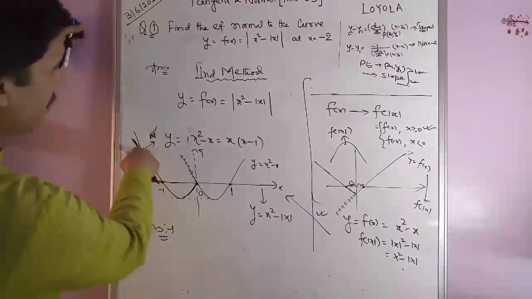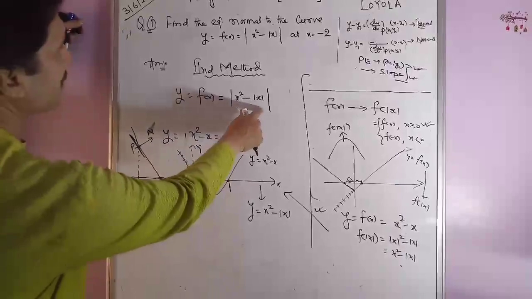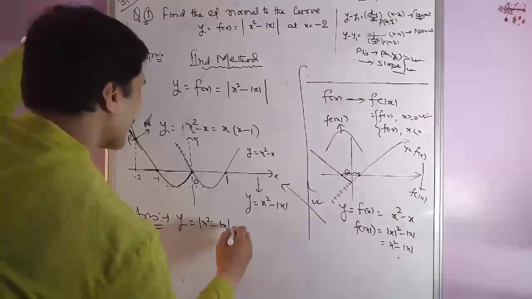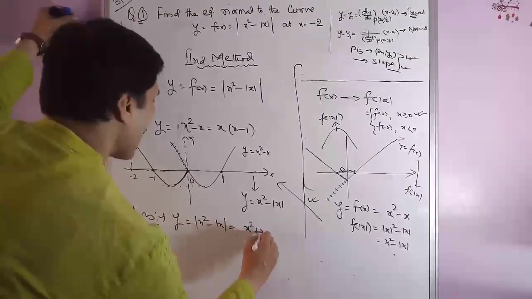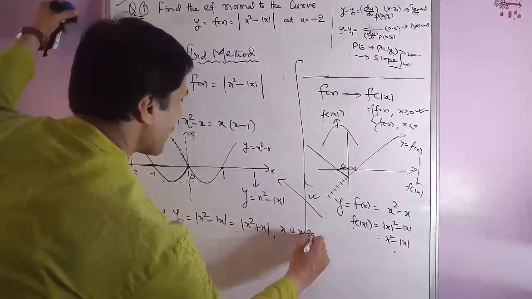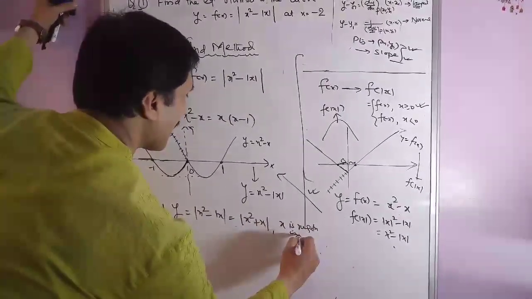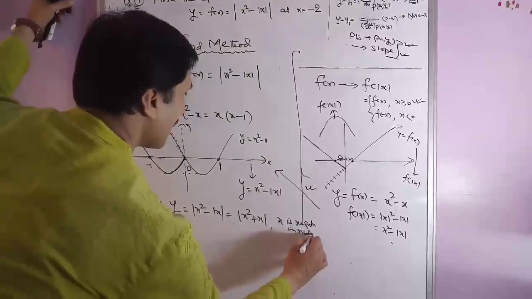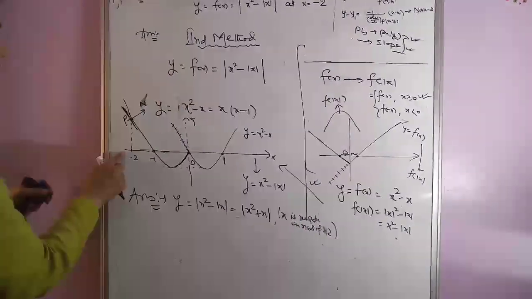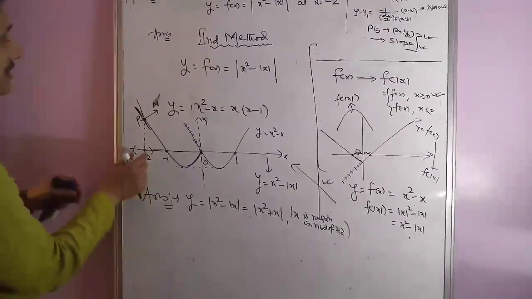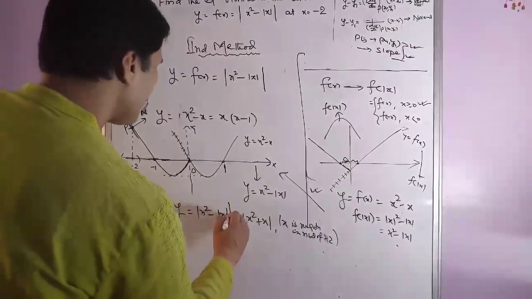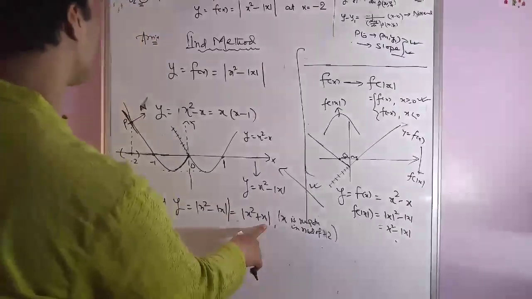If we draw the graph of y equal to x square minus mod x, it equals x square plus x, because x is negative in the neighborhood of minus 2. Clearly at x equal to minus 2, in this region x is negative, so mod x becomes minus x, giving x square plus x.